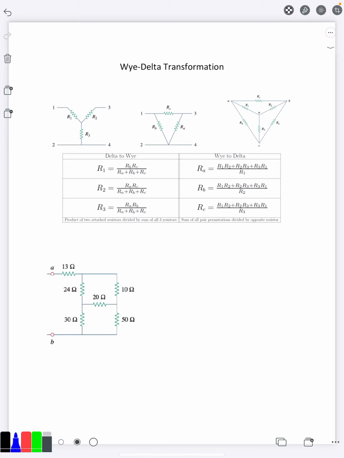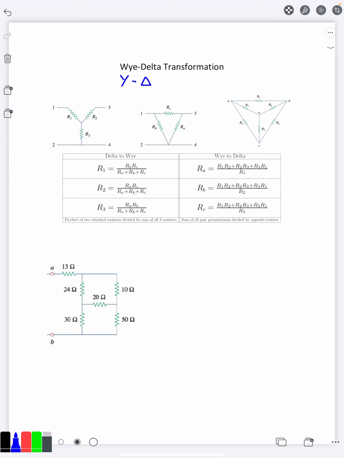In this video, we're going to cover what's called the Wye Delta Transformation, specifically Y as in like the letter Y to the Greek letter delta here. We've seen before, sometimes you have resistors in series, sometimes resistors in parallel, but if they're not in series or parallel, there was no rule to simplify them.